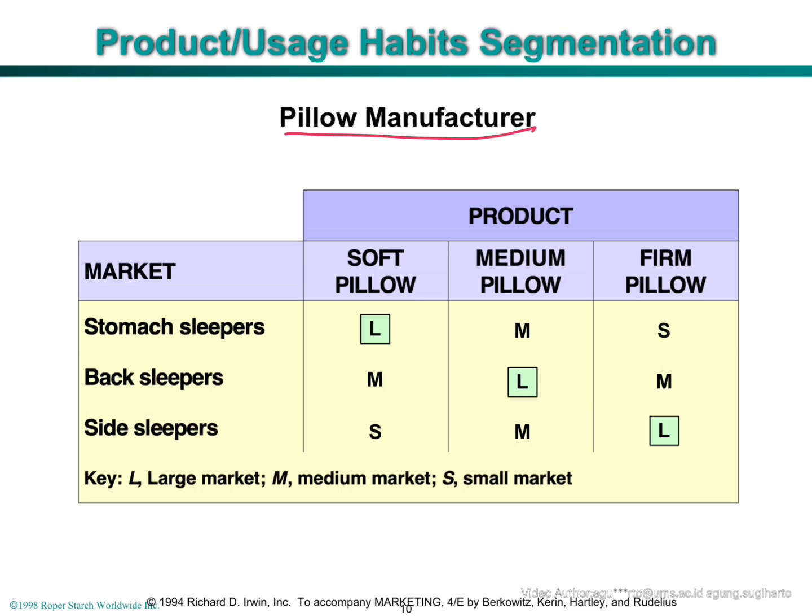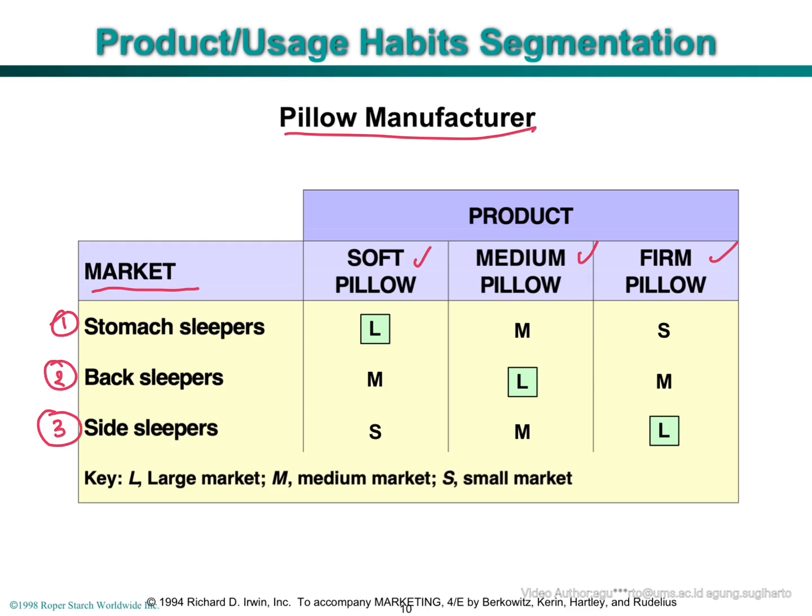The pillow manufacturer produces 3 products here: the soft pillow, the medium pillow, and the firm pillow. And then they divide the market into 3 types: one, the stomach sleeper, the second, the back sleeper, and the third, the side sleeper.